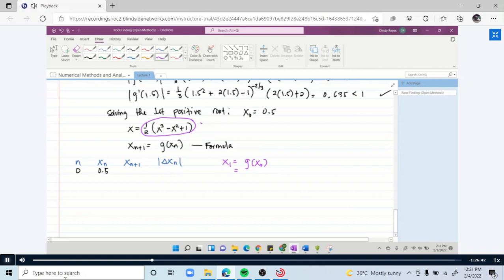It's our g of x. Okay. So g of x sub 0 is g of 0.5. So that is 1/2 of 0.5 cubed minus 0.5 squared plus 1. I just substituted 0.5 for every x here in g. What do you get? Use your calculators, please. Please participate.